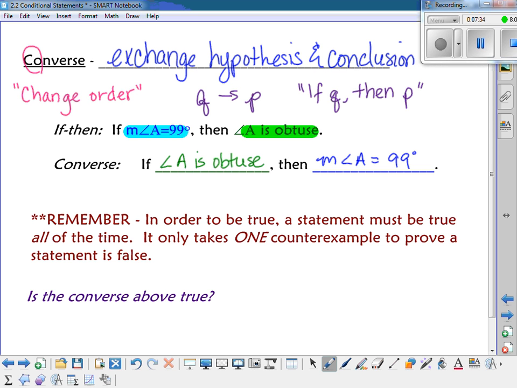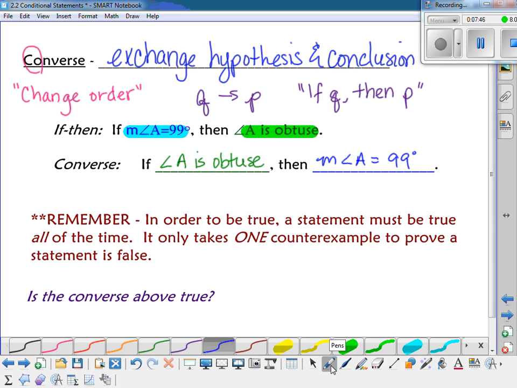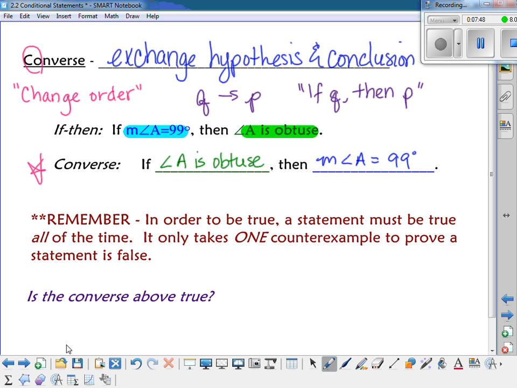So one thing you want to remember is that in order to be true, a statement must be true all of the time, and it only takes one counterexample to prove that the statement is false. So looking at the converse that we just wrote up here, is that converse true for all situations? No, it is not.